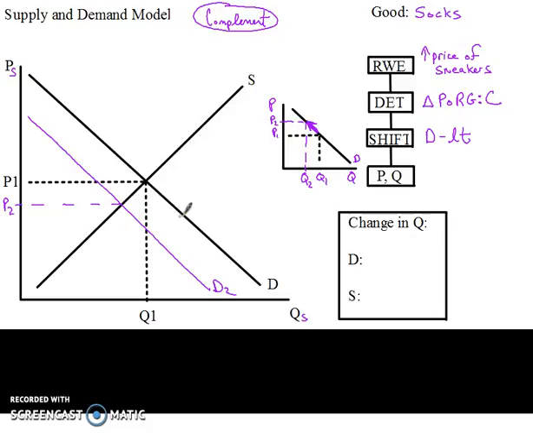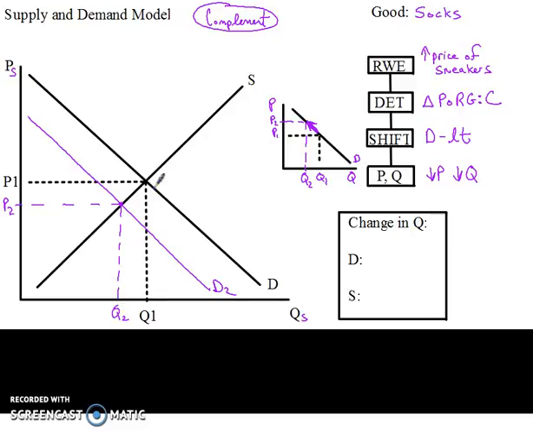So the demand for socks will shift to the left, the price of socks will go down, and the equilibrium quantity of socks will go down. So we get a decrease in the price of socks, a decrease in the quantity of socks, and then we say, okay, what do we call this? The change in quantity gets two names.